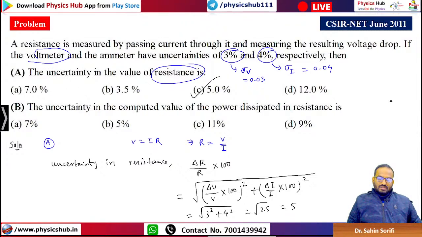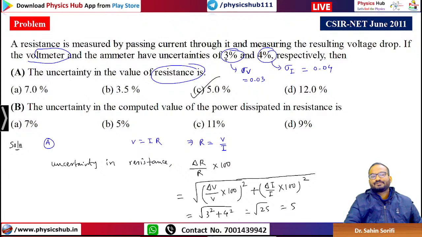Is I not a proportionality constant or a variable? Here we have to treat them as variables, because both values of V and I decide R. R is a dependent variable. The values of del V and del I are not given separately, they are given in terms of percentage.